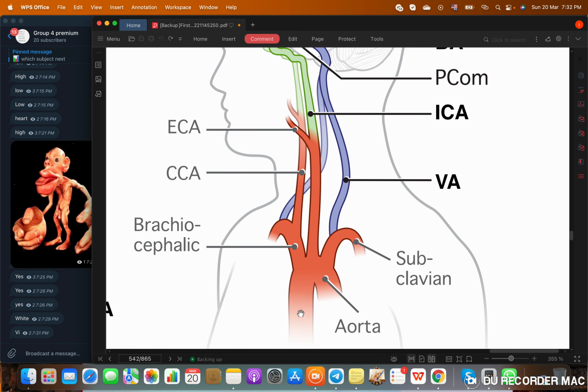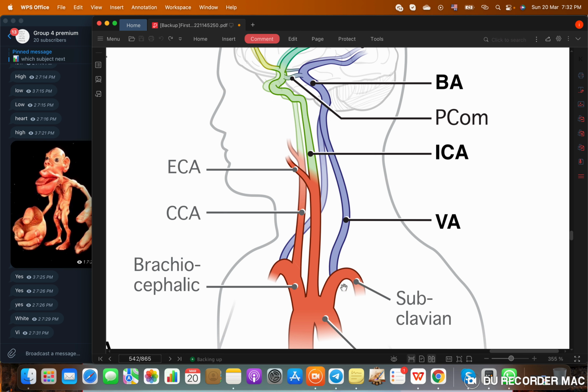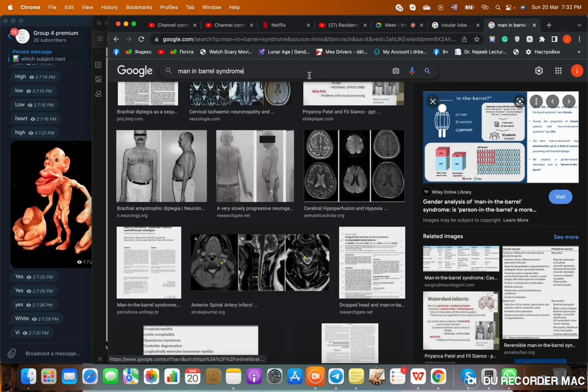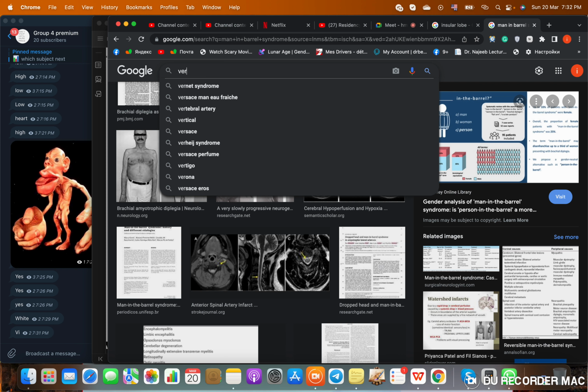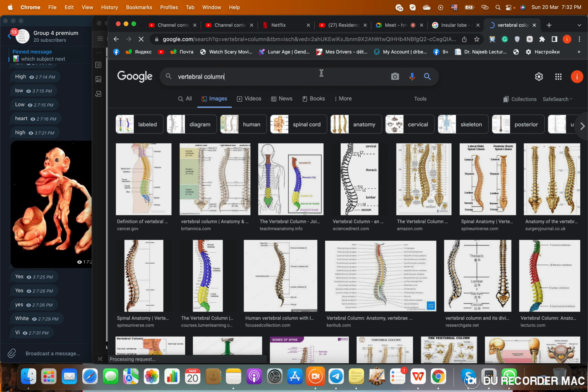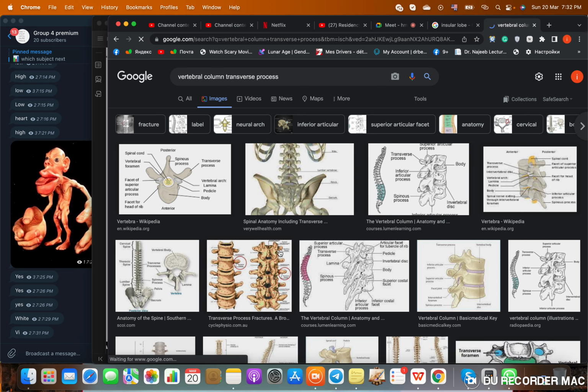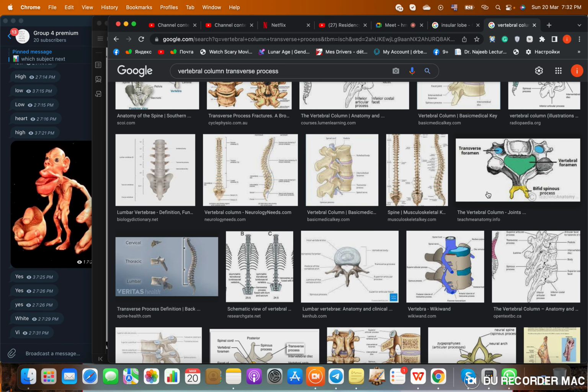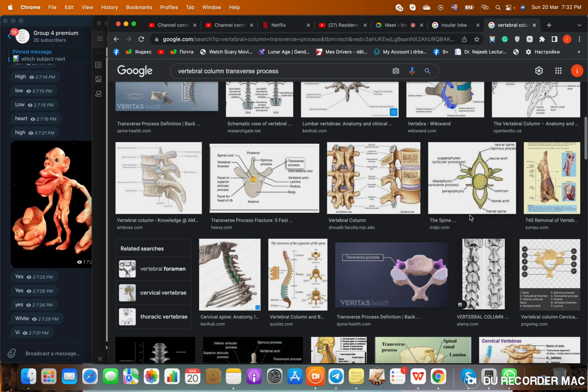Okay, so this is our aorta, this is subclavian, brachiocephalic, it makes the common carotid and also the subclavian, but on the right side. Both of these get a vertebral artery coming out of them. The vertebral artery goes through the transverse foramina of the vertebra.